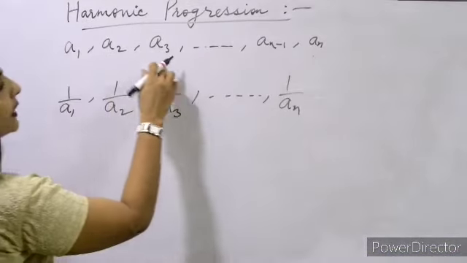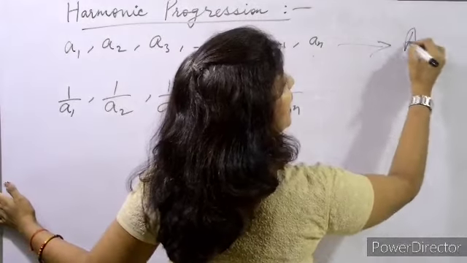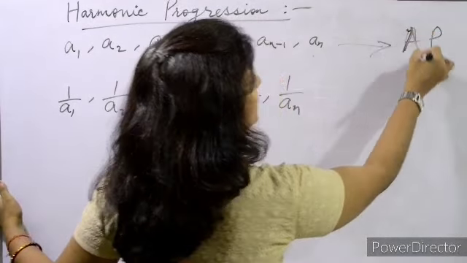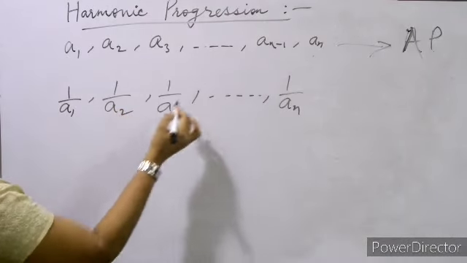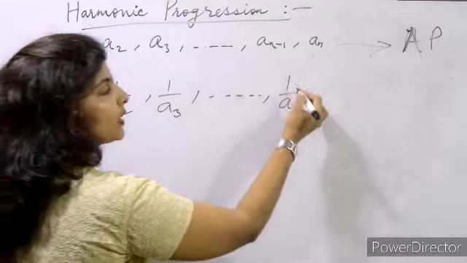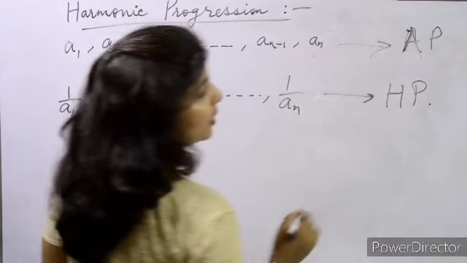Okay, if the given series A1, A2, A3 up to AN is in AP, arithmetic progression, then 1 upon A1, 1 upon A2, 1 upon A3 up to 1 upon AN will be in HP, harmonic progression.